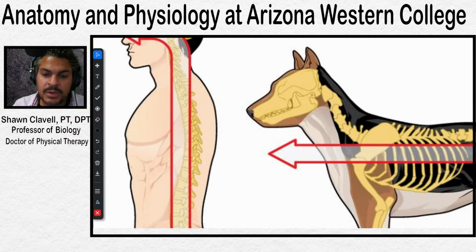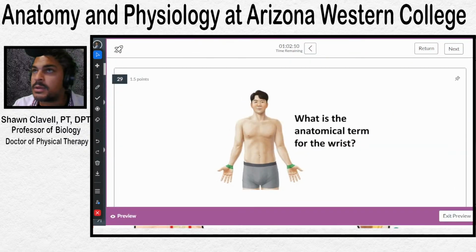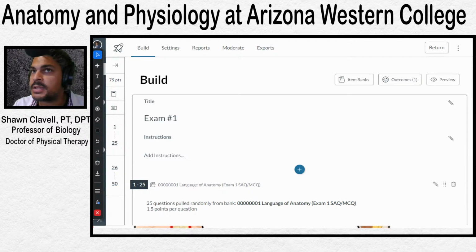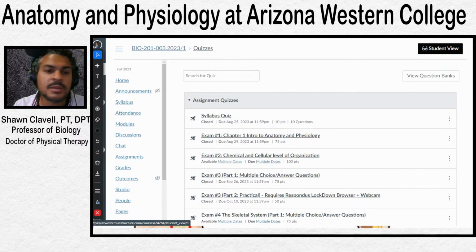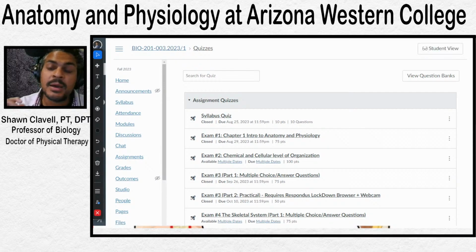And so now, okay, there's the last question there that you might see. We'll exit my preview of exam or test number 1 that you will look at. Again, the big ones here are going to be as much understanding the regional terms and directional terms as it is knowing some of that basic biology concepts that you see in chapter 1: homeostasis, the levels of structural hierarchy, as well as metabolism.